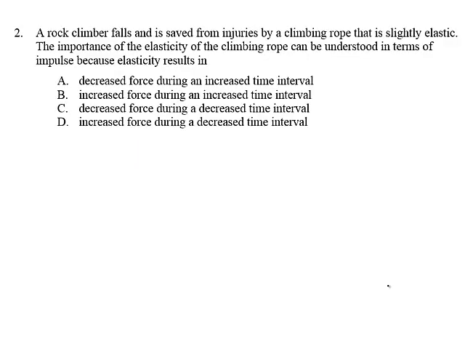Number 2. A rock climber falls and is saved from injuries by a climbing rope that is slightly elastic. The importance of the elasticity of the climbing rope can be understood in terms of impulse because elasticity results in decreased force or increased force, and increased time interval or decreased time interval. So it's that cushioning thing.